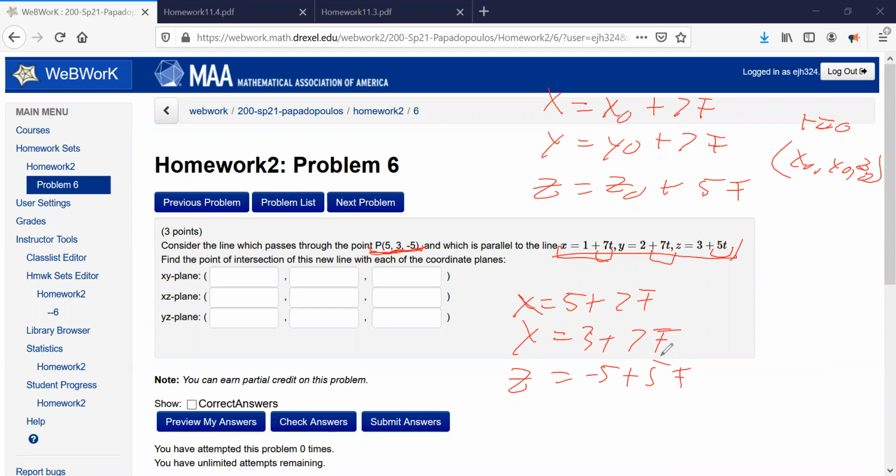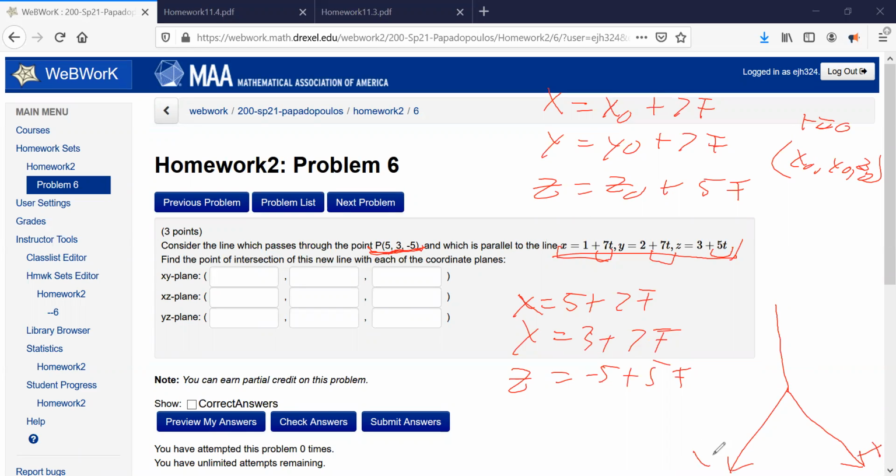Right? So now I want to find where it intersects these 3 planes. What defines the XY plane? What is the equation that would give me the XY plane? So if I were to try to draw the XY plane in 3D space, I will try to make this enlightening.